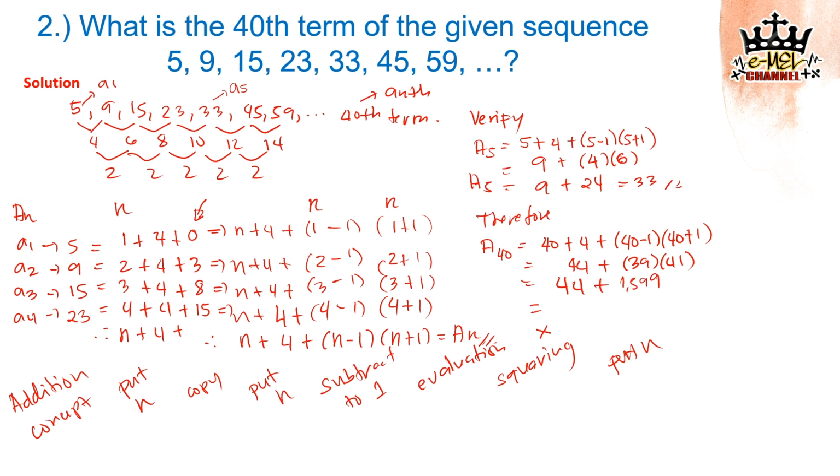Then adding 44, we have 1643. That will be our a sub 40. That is how we apply the addition concept for this problem number 2.